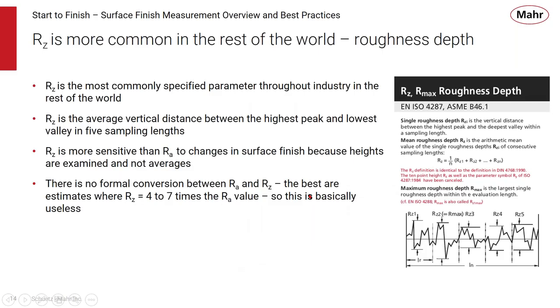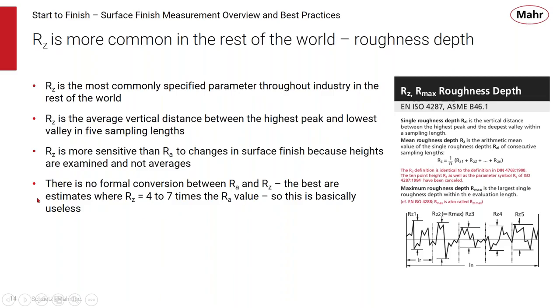So for the rest of the world, R sub Z is the most commonly specified parameter. It's an average of the vertical distance between the highest peak and the lowest valley in 5 sampling lengths. So it's a little bit different. It's much more sensitive than Ra to changes in surface finish because heights are examined and looked at rather than the averages.